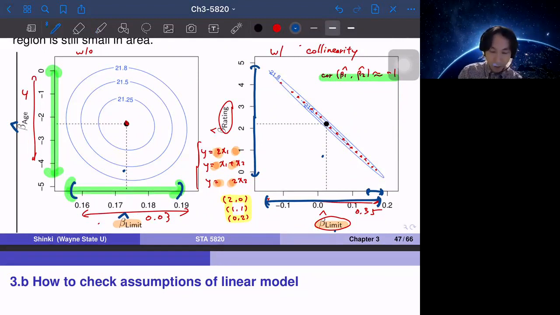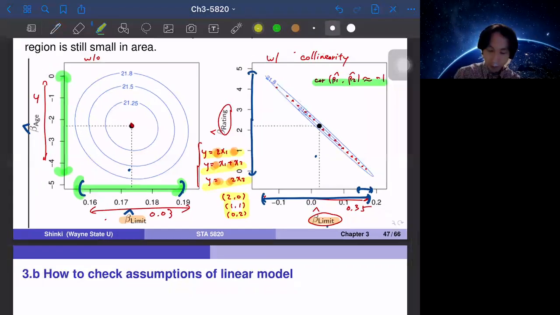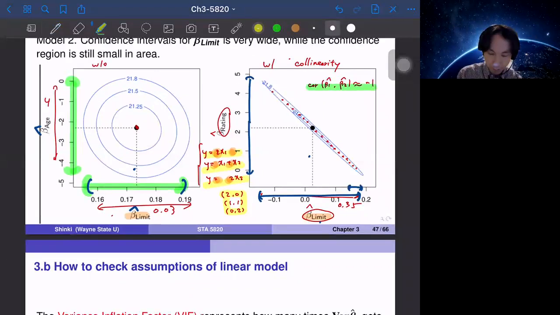That is what we saw in the first slide. If x1 and x2 are similar, we cannot distinguish y equals 2 times x1, y equals x1 plus x2, and y equals 2 times x2. So 2, 0; 1, 1; 0, 2. These are on a straight line, right?